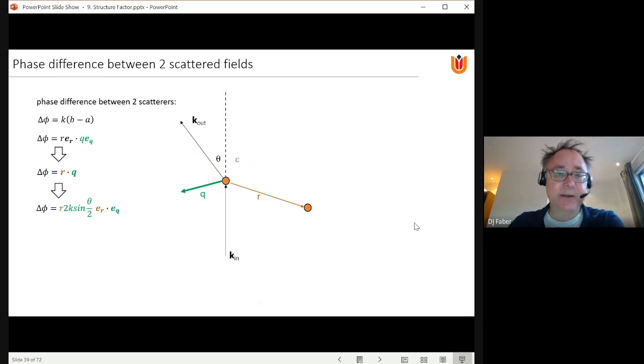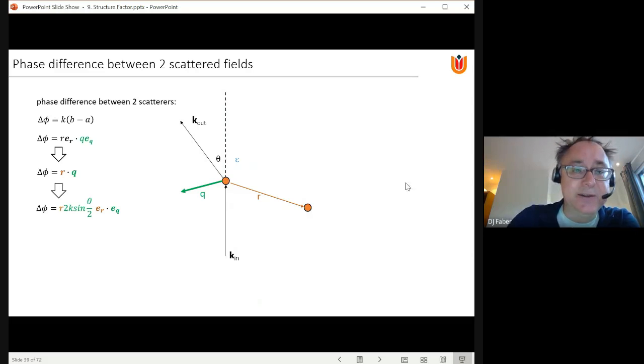And that means that we're almost done now. So this phase difference, again, the intermediate steps, k times the length of b minus the length of a, could be remanipulated into an expression r times unit vector in the r direction, inner product q times the unit vector in the q direction, or if you like, just the inner product of the vectors r and q.